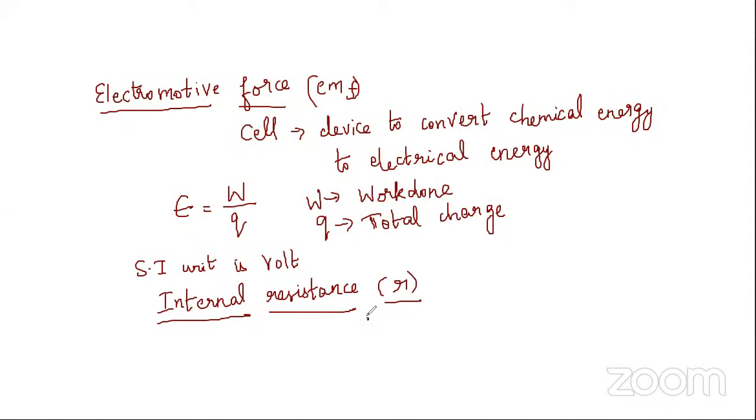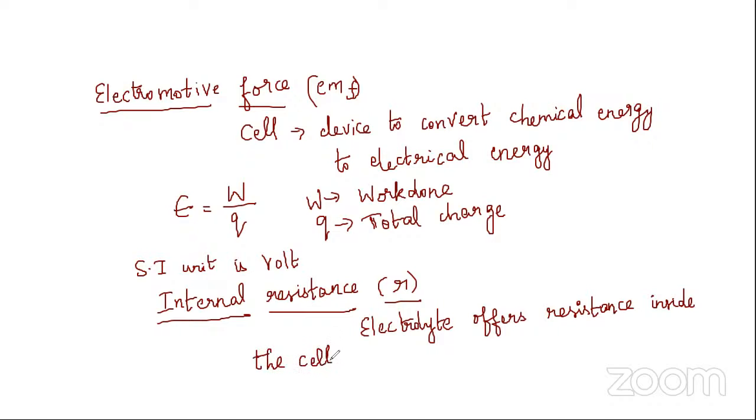The electrolyte offers some resistance to the flow of electrons. So that resistance inside the cell is called internal resistance.